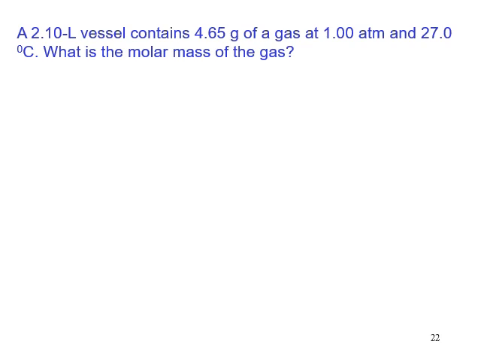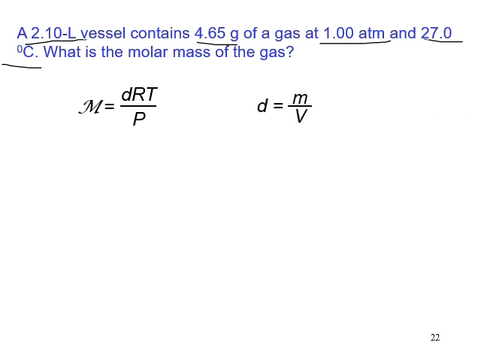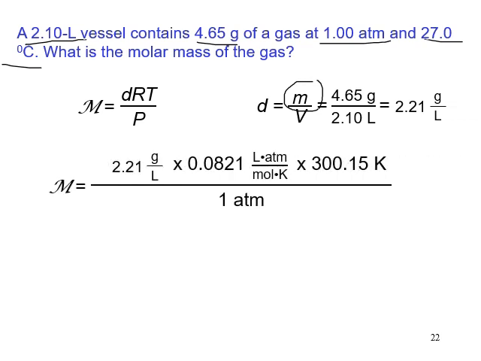So let's check it out. Let's do an example of this. If we have a certain volume of a gas, we have a volume, a mass, a pressure, and a temperature. What is the molar mass of the gas? Now we know density is equal to mass over volume. So here's the mass of the gas, and the volume was given because that's the size of the vessel. Now we have a density. We can plug the rest of our things in.